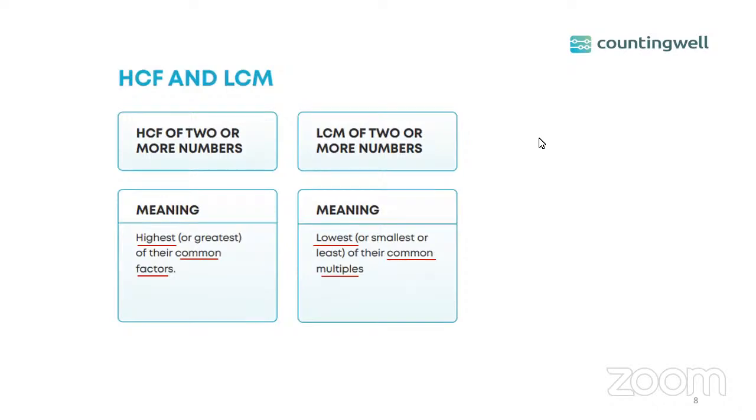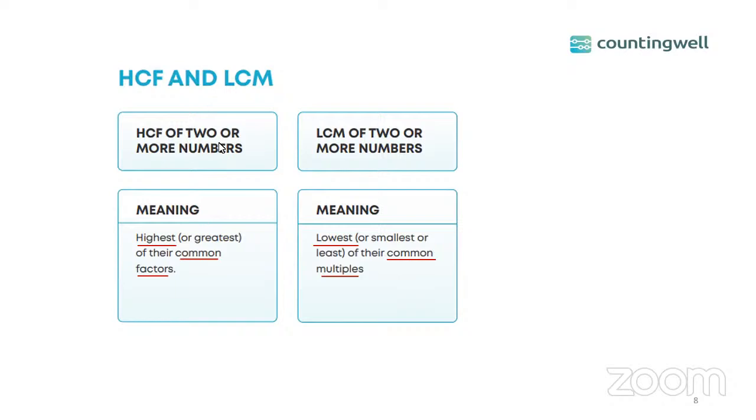Let us see what is HCF and LCM of numbers. HCF stands for highest common factors and LCM stands for lowest common multiples. Let us see the methods to find the HCF and LCM of numbers.